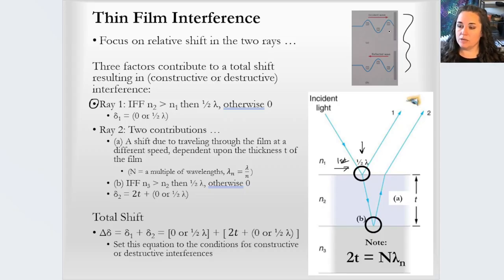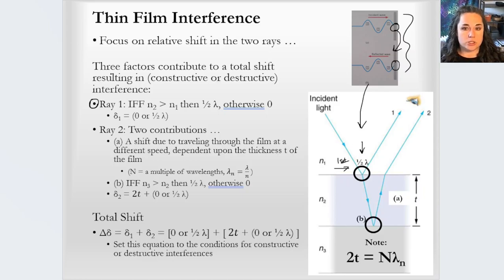If you attach it to a wall and you send a wave down that rope, when it gets to that wall, it reflects at 180 degrees. That is the same situation we're looking at here with the electromagnetic wave: we get this 180 degree shift upon reflection at a more dense surface.